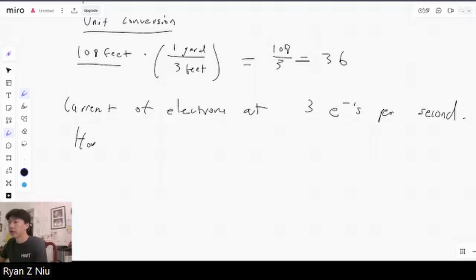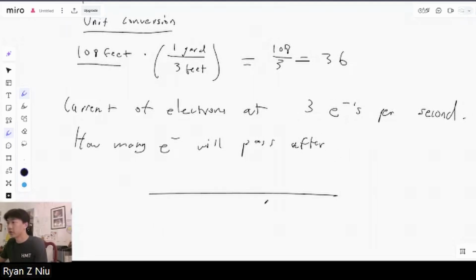How many electrons will pass? So these electrons are just flowing through a wire. They're just moving through.